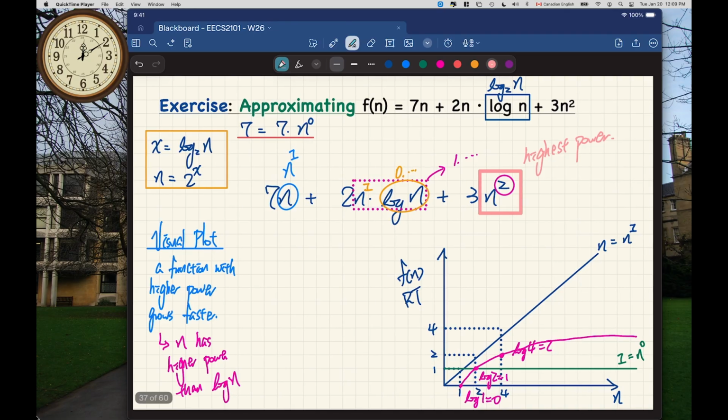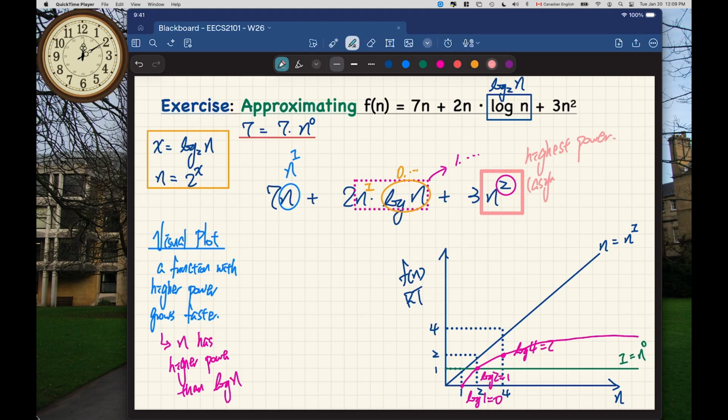So asymptotically, this highest term, n to the power of 2, dominates over other terms. That's something we'll elaborate a little bit later. Asymptotically, highest term dominates.